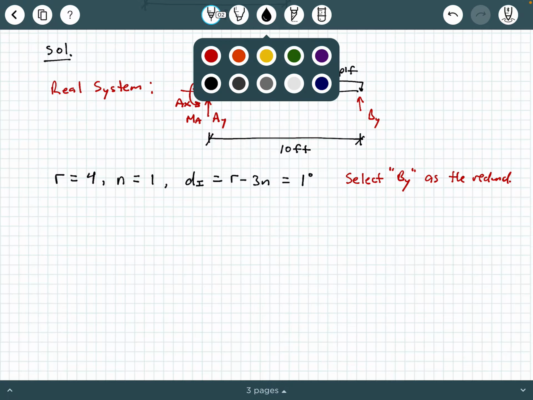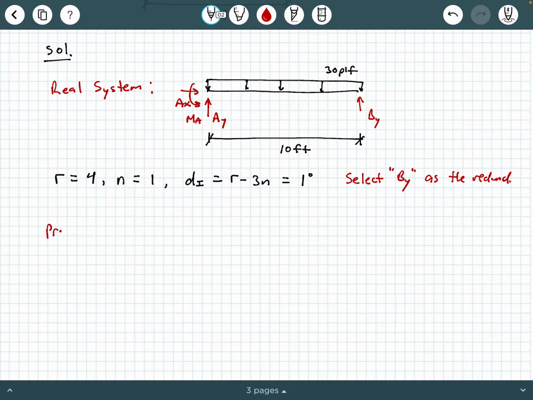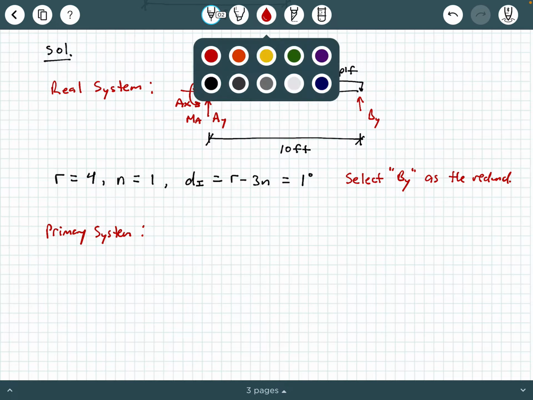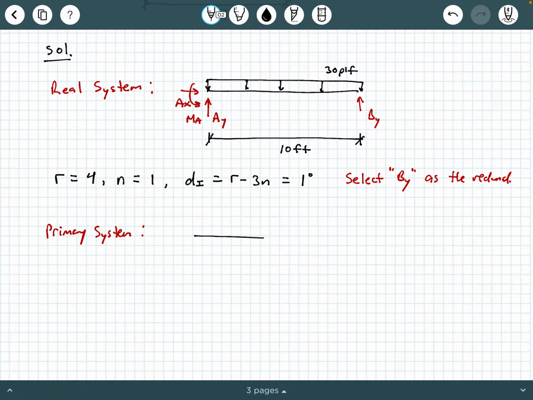Now we're going to draw the primary system, okay? When we draw the primary system, it's going to look similar to the real system. It's going to have the real loads acting on it, so that 30 PLF is still going to appear here. But instead of having BY, we're going to remove BY's effect completely.